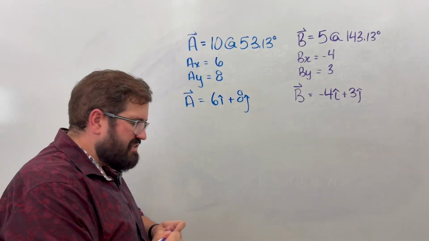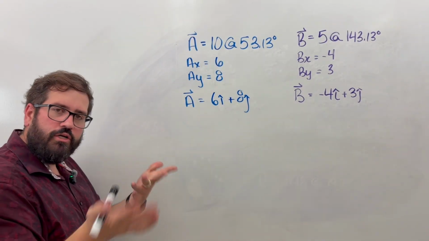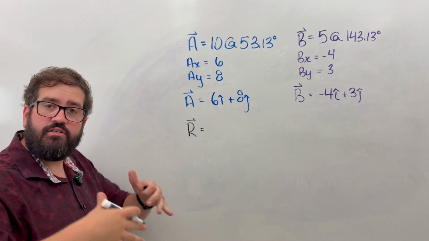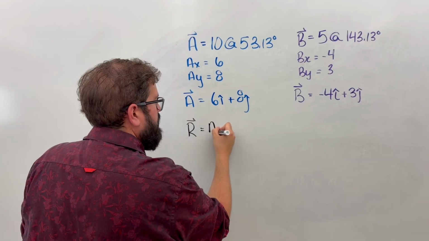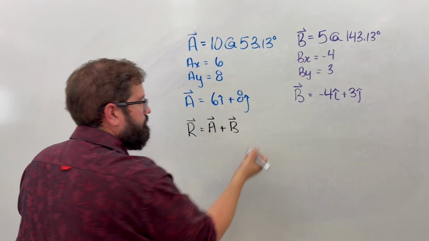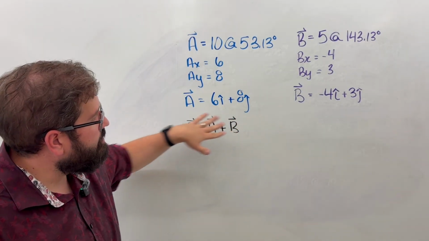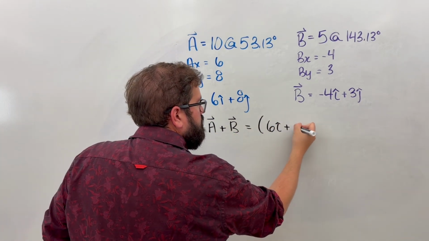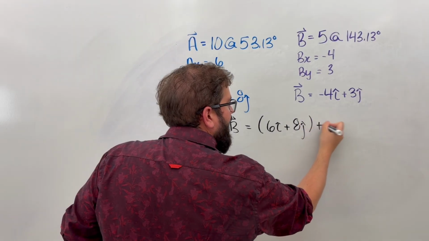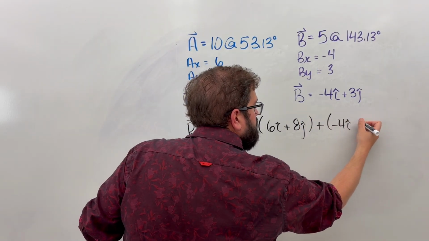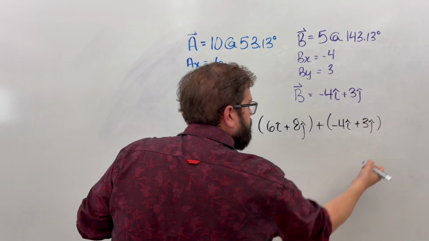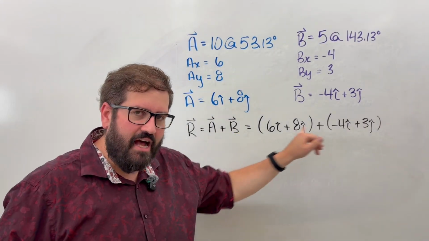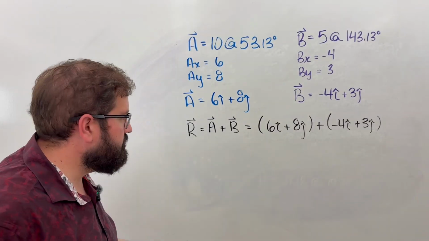Now, because this is vector addition, what I actually want to show is that my resultant vector must be vector A plus vector B. So A plus B, right? Now, if we were to break these out, it should be 6i hat plus 8j hat add negative 4i hat plus 3j hat. It doesn't look particularly simple, but note, I could just factor out the i's and j's and combine my terms, right?